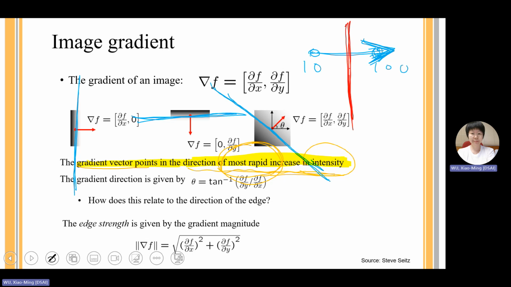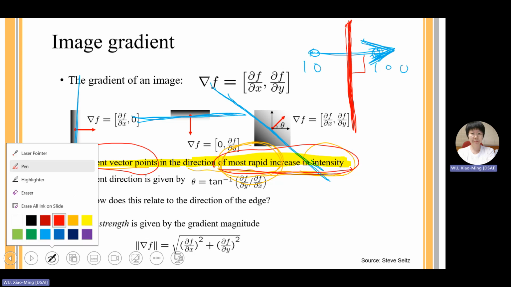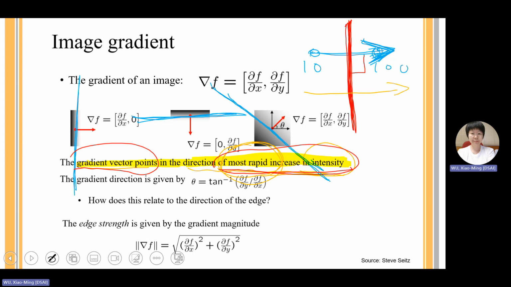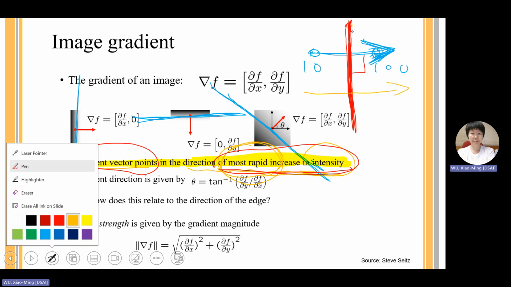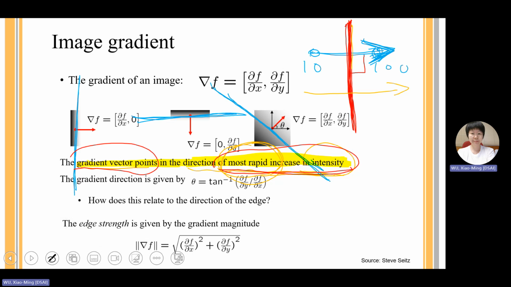So the edge direction is perpendicular to the direction of increase in pixel intensity, which is the direction of the gradient. If there's a significant change, it indicates there's an edge present here.